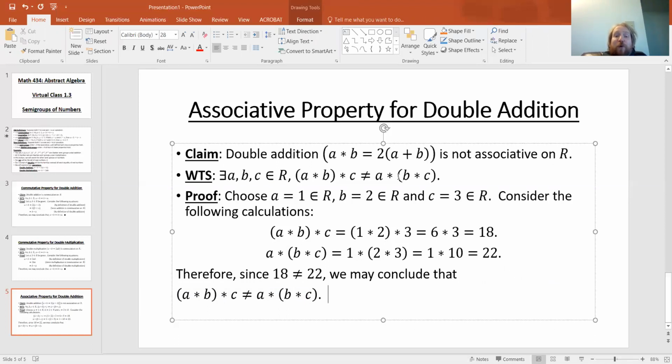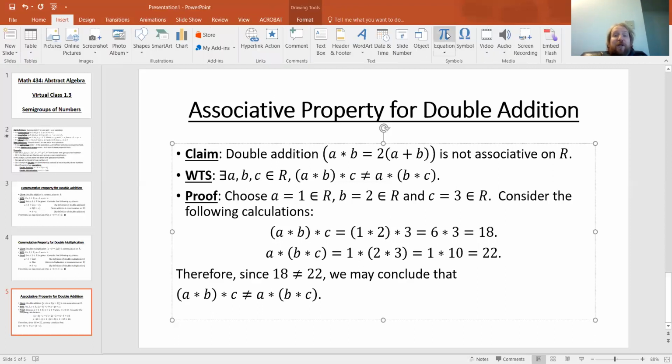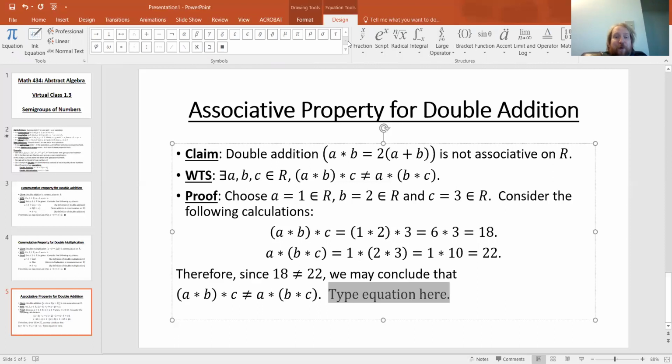And we showed that this equation was not true by calculating both sides separately. So we have completed the proof. And we will put a square there to end the proof.